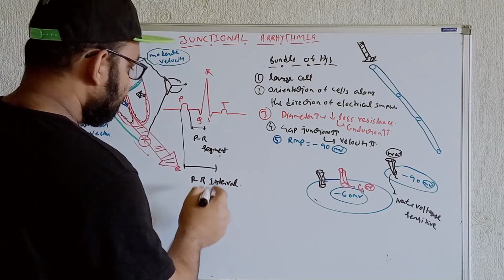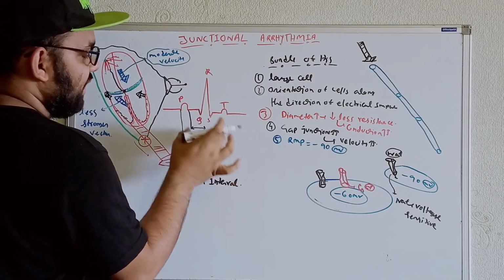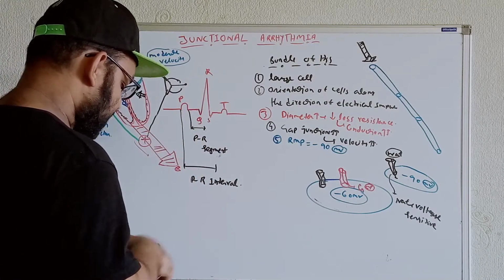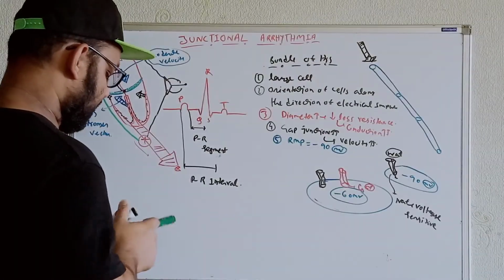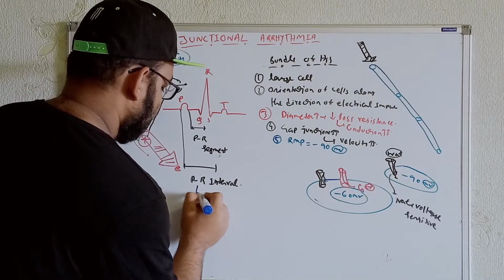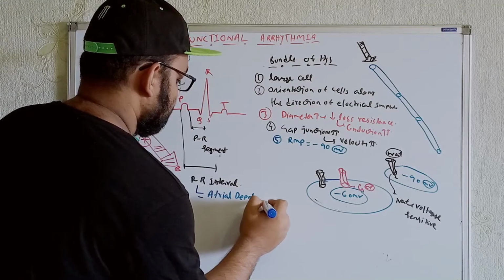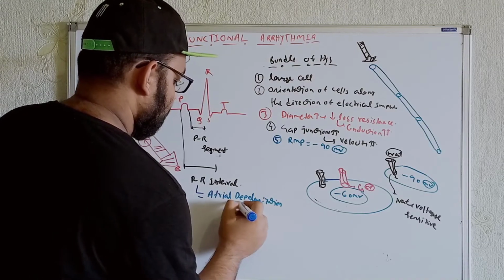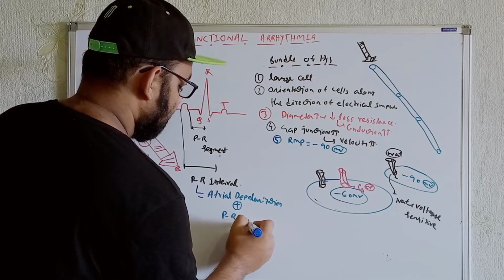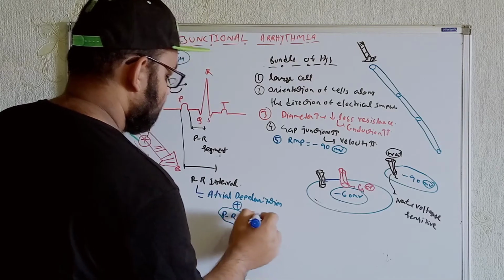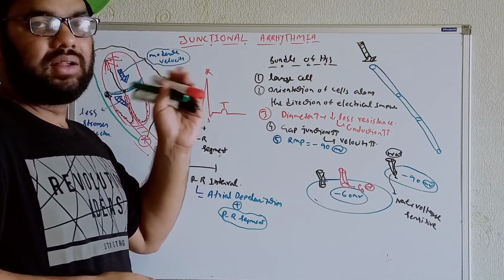The PR interval includes the atrial depolarization along with the AV nodal conduction. Here we have the P wave, which is responsible for causing the atrial depolarization, plus we also have the PR segment. In the PR segment there are no electrical fluctuations, because within the AV node there is slower conduction, and that is not able to fluctuate the needle in any direction.